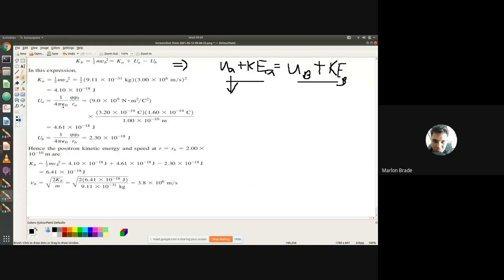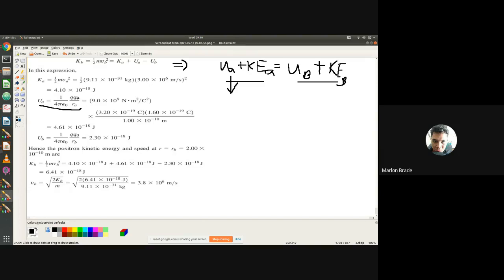So the expression for U_A is 1 over 4 pi epsilon naught, times q times q naught, over R_A. The 1 over 4 pi epsilon naught is just 9.0 times 10 to the 9 newton meter squared per coulomb squared. The charge of the alpha particle is 3.20 times 10 to the negative 19 coulomb.